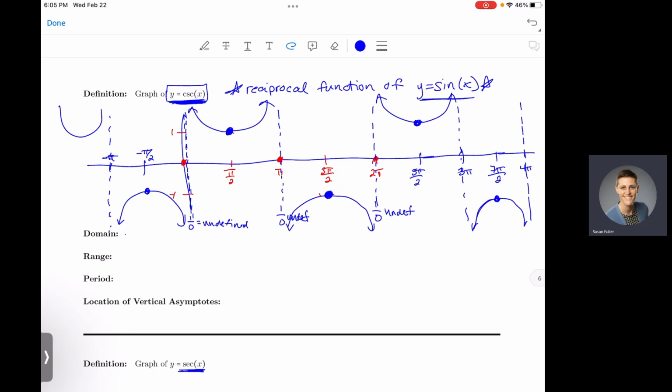And so our domain is basically x can be anything except negative pi, 0, pi, 2 pi, and so forth. It's basically everything except multiples of pi.